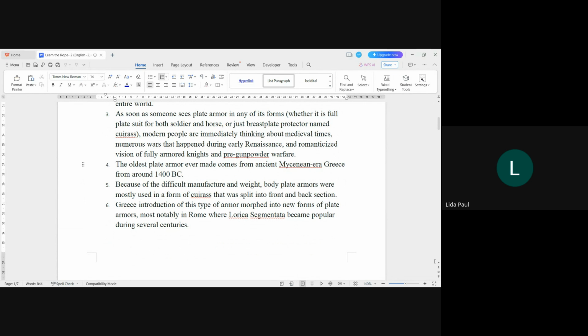Then the fourth one, the oldest plate armor ever made comes from ancient Mycenaean era Greece from around 1400 BC. Ever? Yes, correct. And what kind of an adverb would that be? I'm not sure, but it might be time.